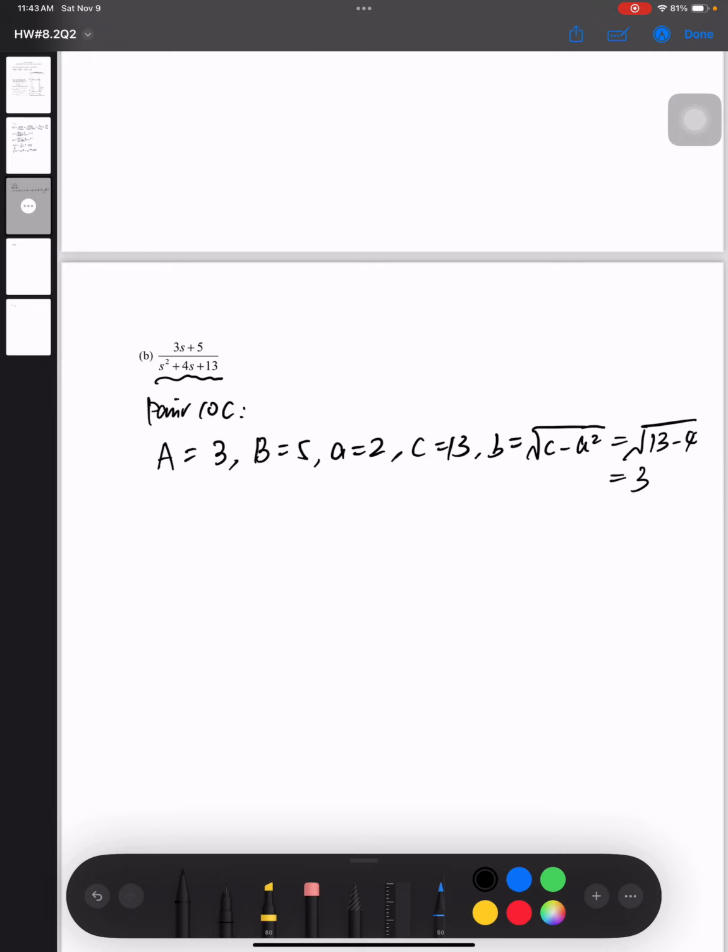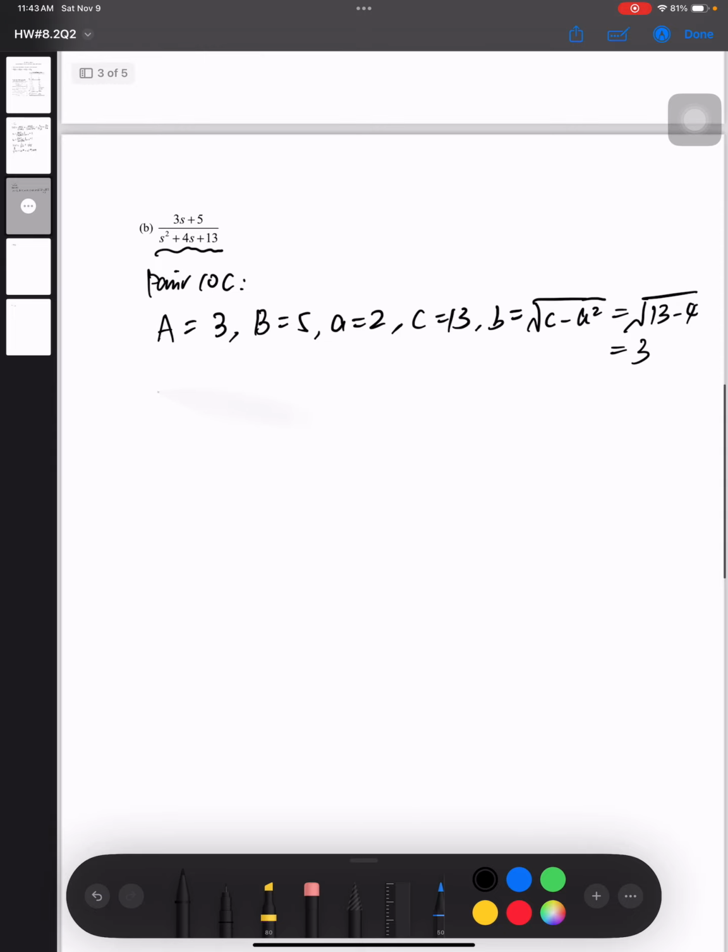And the R is equal to the square root of A squared times c plus B squared minus 2AB a, over c minus a squared.